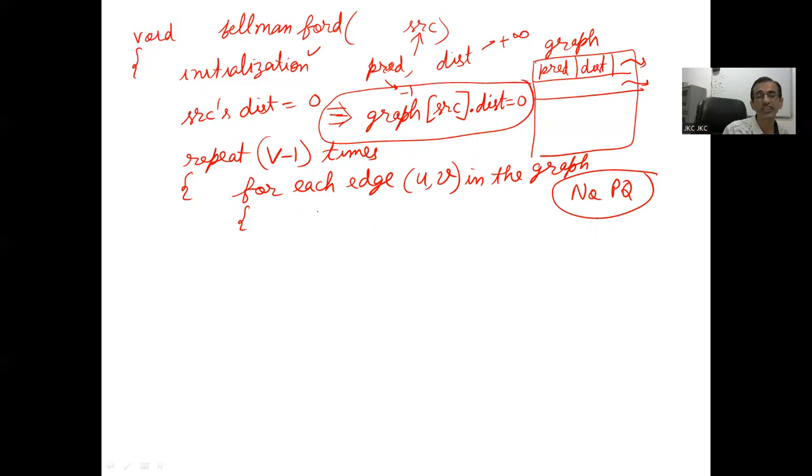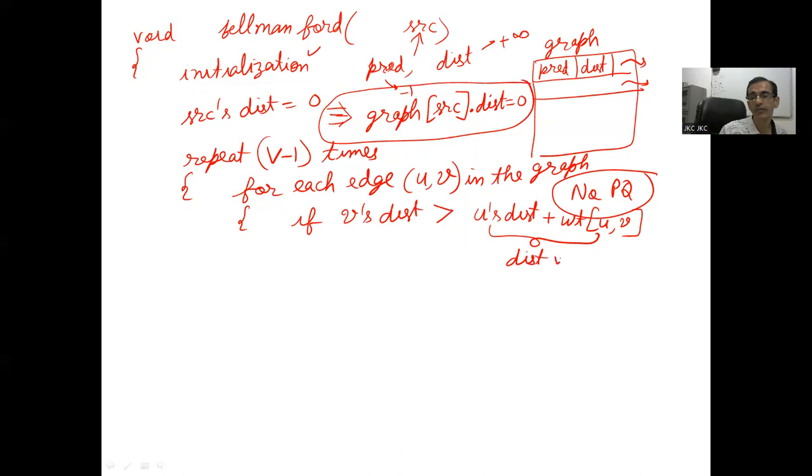And if relaxation is possible, that means if V's distance is greater than the distance via U, that means U's distance plus weight of UV. So this becomes effectively the distance via vertex U. If this distance is going to improve my estimate, this is my current estimate.